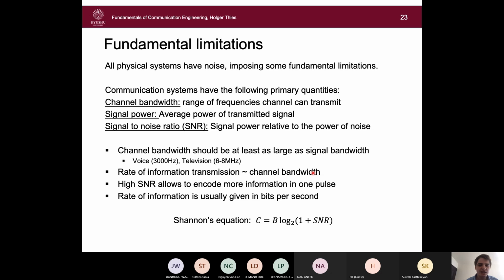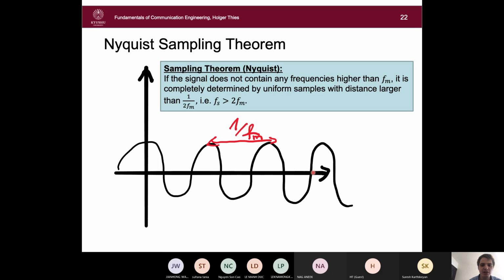So why is that? The idea behind this is, if we have some periodic signal of a certain bandwidth, bandwidth is kind of how often the signal changes. If we look at a signal like this, a higher frequency means that the signal changes more often.